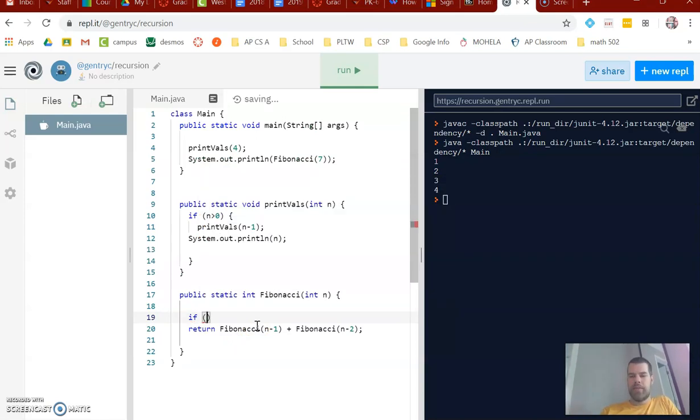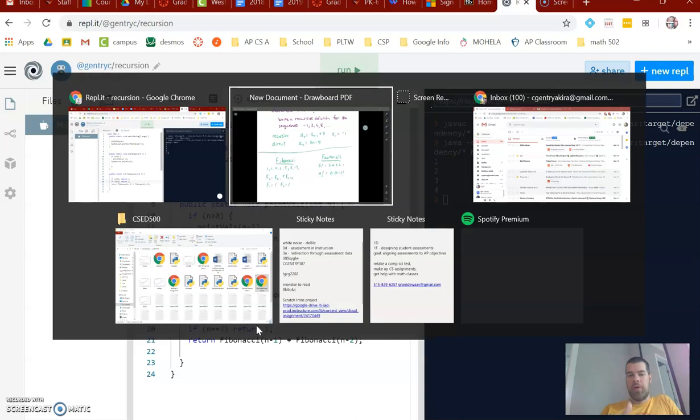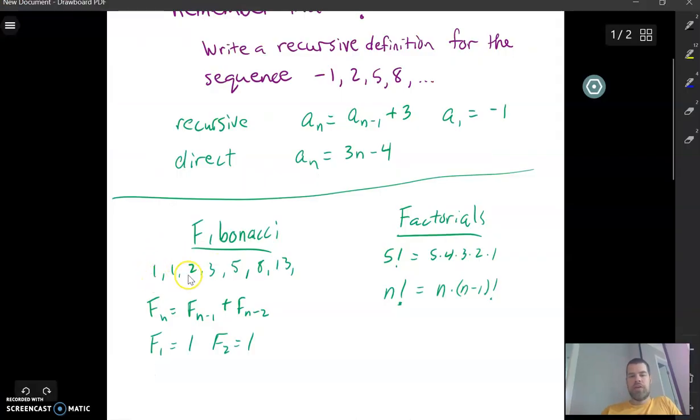So if n equals 1, return 1. If n equals 2, return 1. They're both returning 1 because those are the first 2 numbers in the Fibonacci sequence. If you ask me what's Fibonacci 1, I will say 1. If you ask me what's Fibonacci 2, I will say 1.